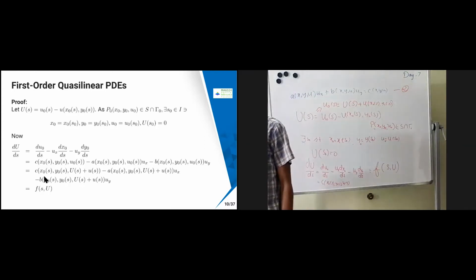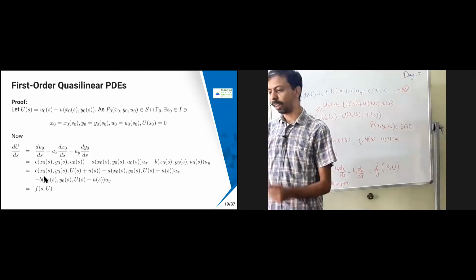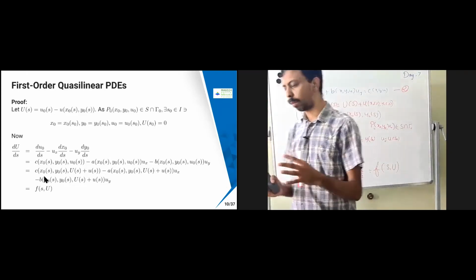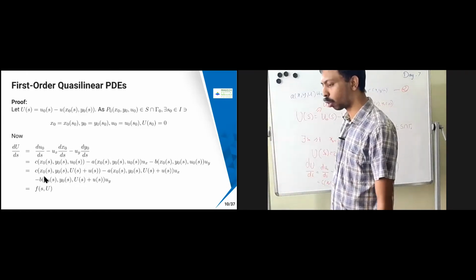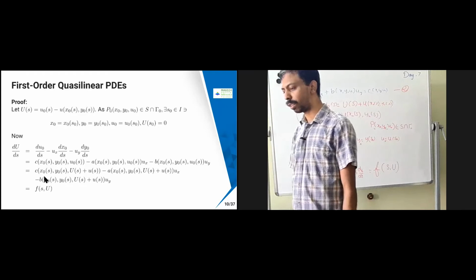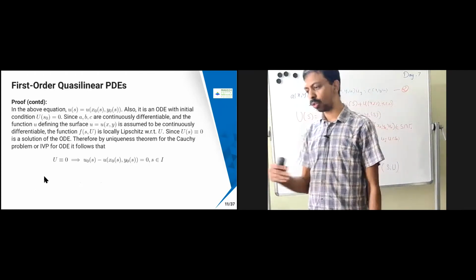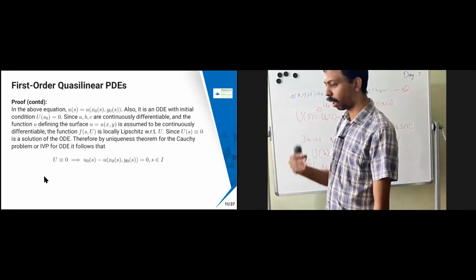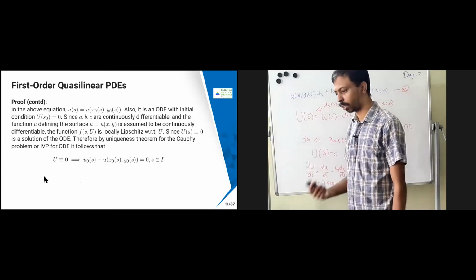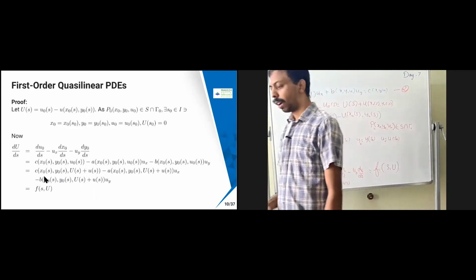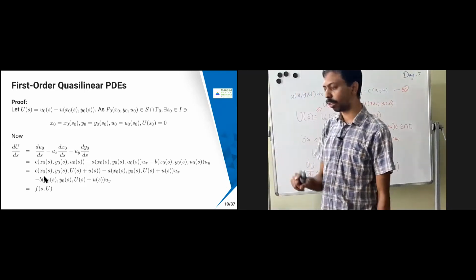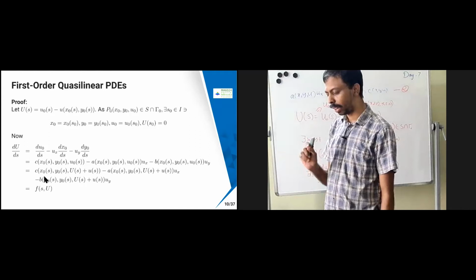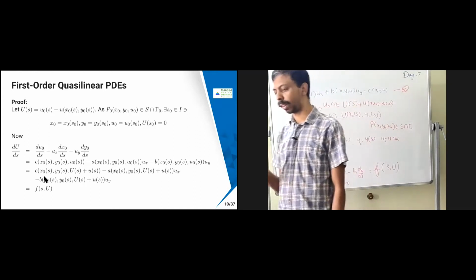So what we obtained is du by ds equal to f of s comma u. That means we got an ODE. Now when does this ODE have a solution? Again we have to use all the theory of ODEs, whatever conditions are there, continuous differentiability, etc. We have to prove that in du by ds equal to f of s comma u, f of s comma u is continuously differentiable, or at least continuous.